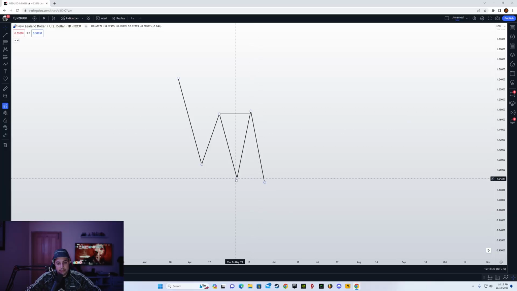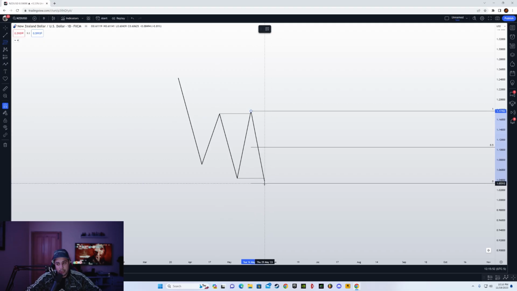And then price broke the structure, or you could say it did a liquidity sweep. So over here, you can see we took out this level as well. Now you're allowed to use your Fibonacci to identify your premium and discount zones. So simply, you will use your Fibonacci from the high that swept the liquidity to the low that swept the liquidity. And now that is your dealing range.